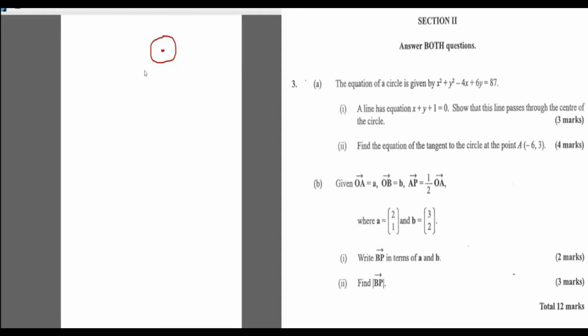If a line passes through the center of the circle, it means many things, but most importantly, whatever the point is at the center, that point will satisfy the equation of the line. So the point right here will satisfy the equation of the line.